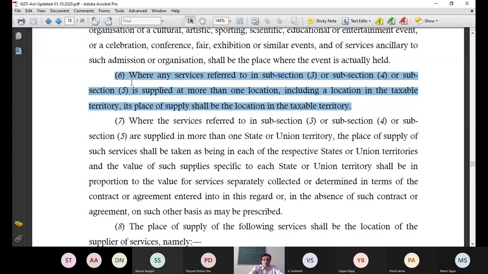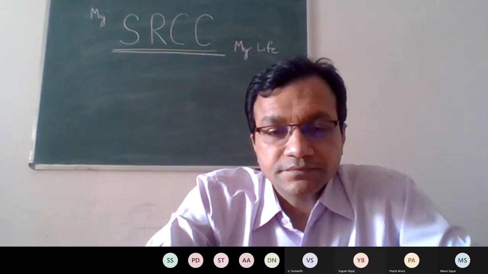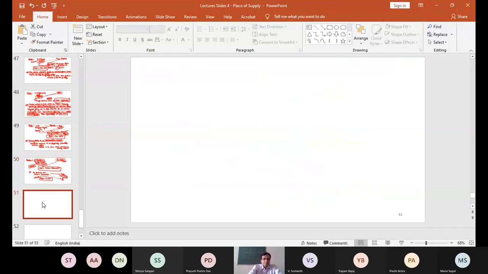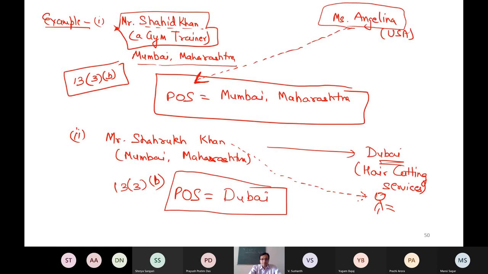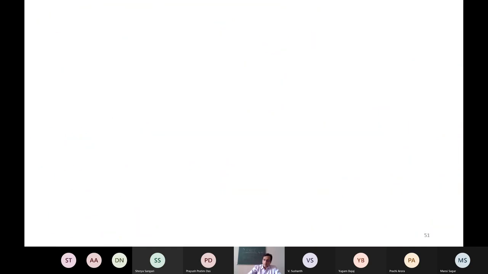So technically 13 subsection 6 is also used in section 13 subsection 3. That is why I am discussing this case. Now let me tell you what this section says with the help of an example. So this is my first note.